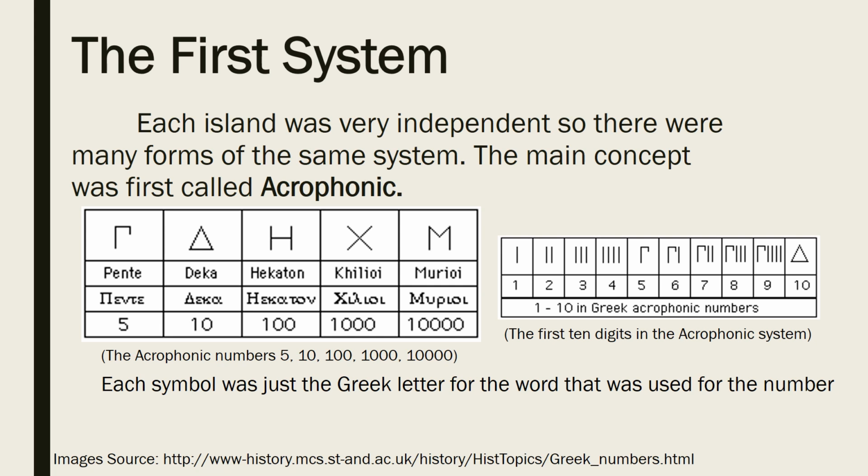So like 5 was pente, and that first letter was obviously a P, so they would use the symbol for a P. Deca for 10, so they used a delta symbol, which is the triangle there. Hecaton for 100, so they used the H, and so on and so forth.